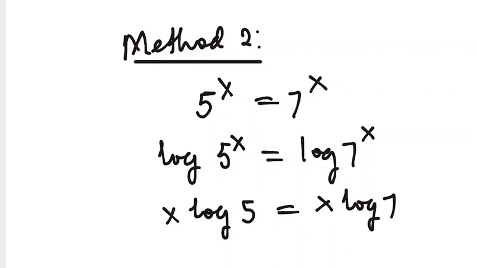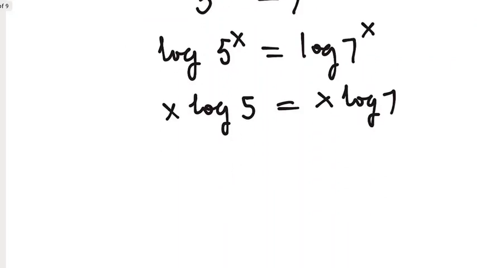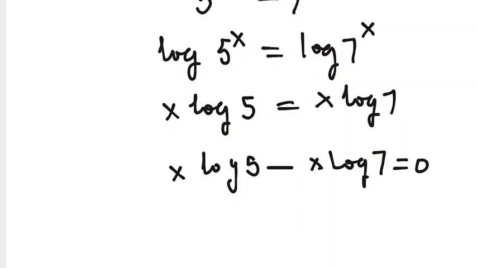And so the next thing we're going to do from there, so we have x log 5, then you transpose the second one, x log 7, which equals 0.